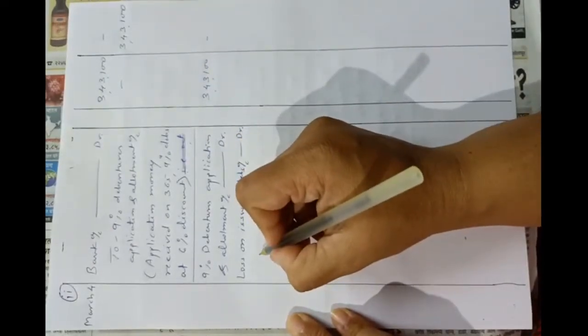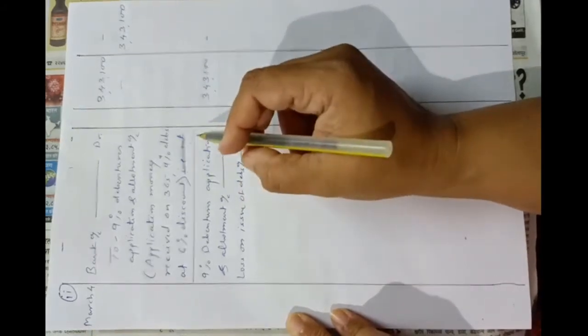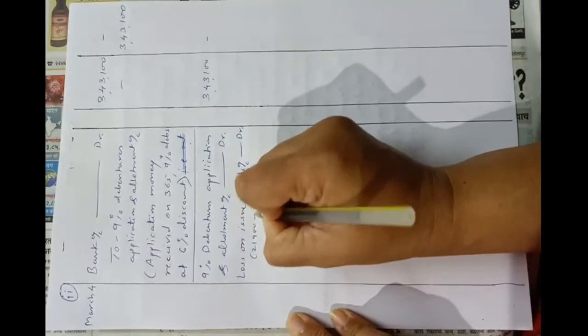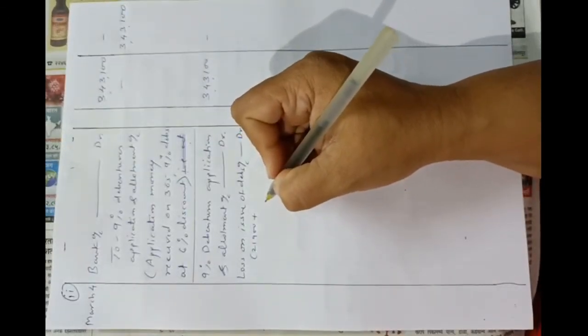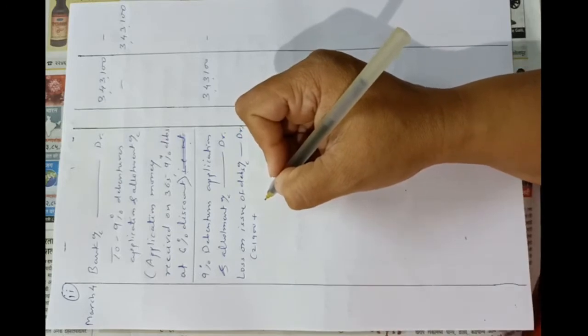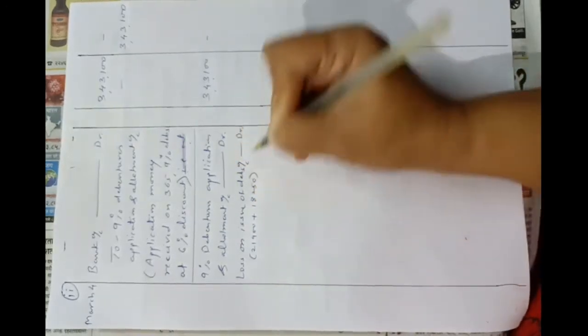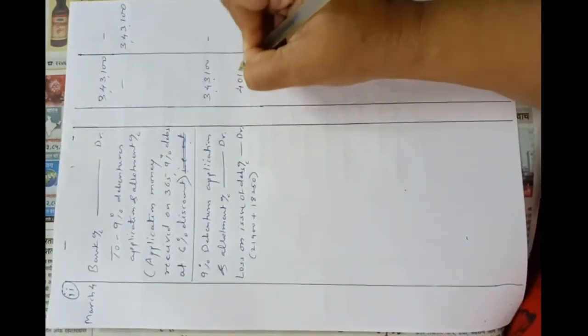Here discount in this entry is 21,900 plus at the time of redemption they will pay 5% premium, so premium will be 18,250 and total amount will be 40,150.